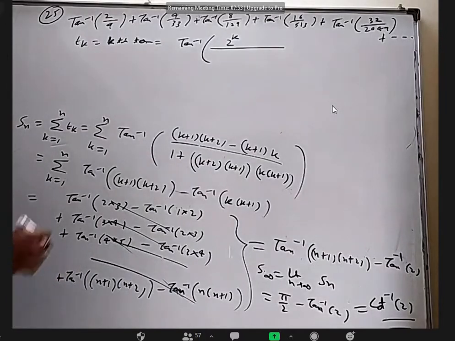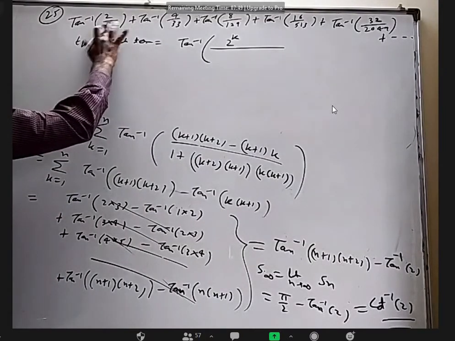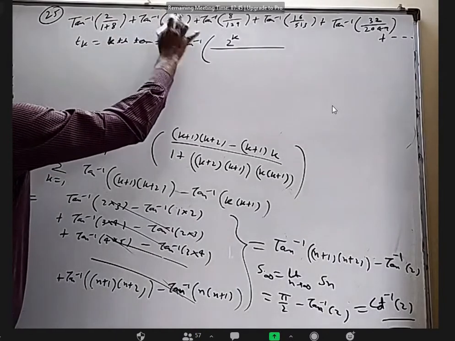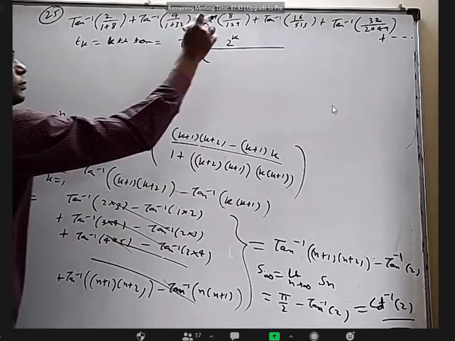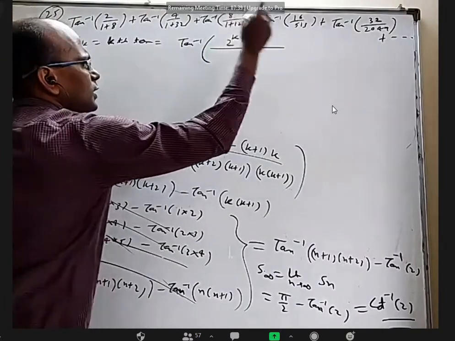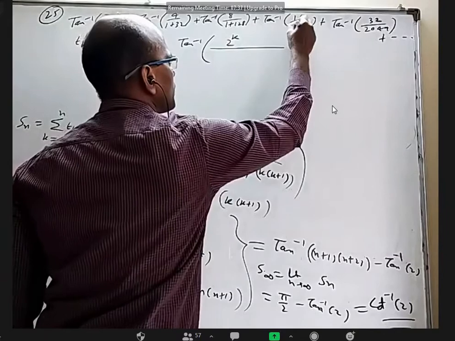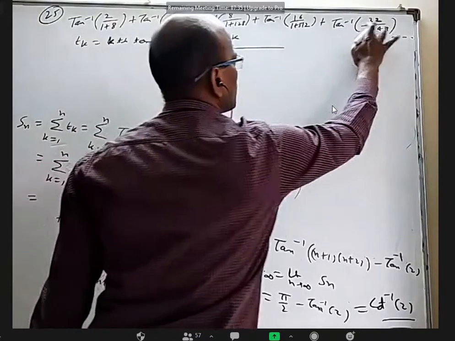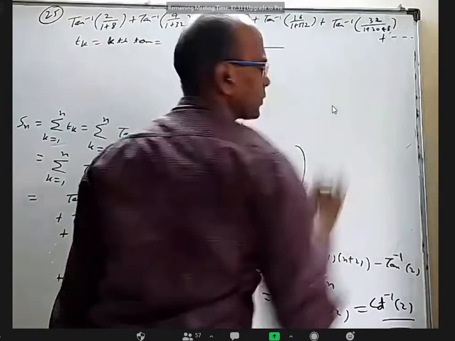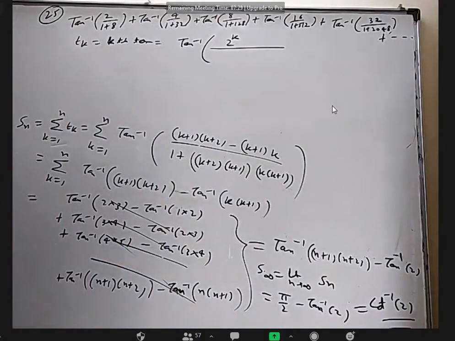Coming to this 9, actually you can write 9 as 1 plus 8. This 33, you can write 1 plus 32. 129, you can write 1 plus 128. This is 1 plus 512. This is 1 plus 2048. 8, 32, 128, what do you think they are?